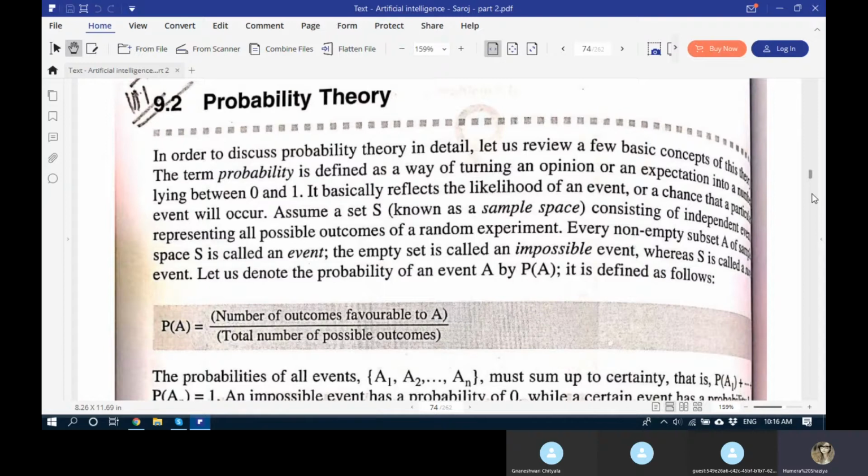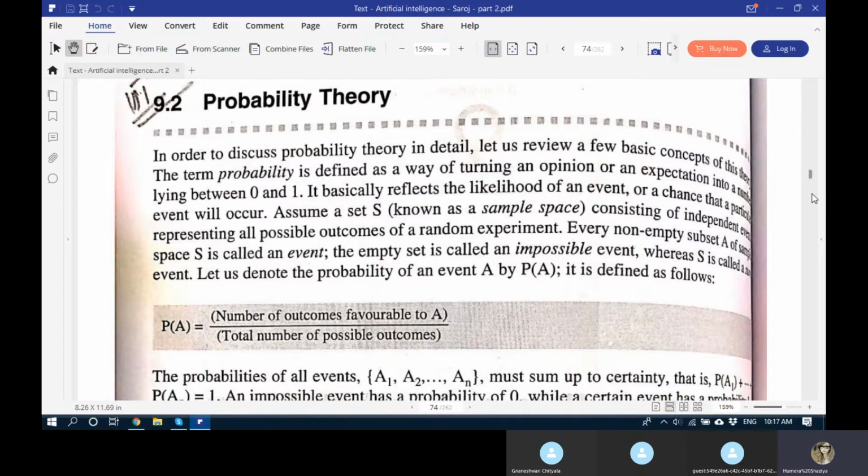That is a sample space. And random experiment, just throwing a dice is a random experiment, and whatever value you get is a random value. And this sample space, if it is non-empty, it is called as event.